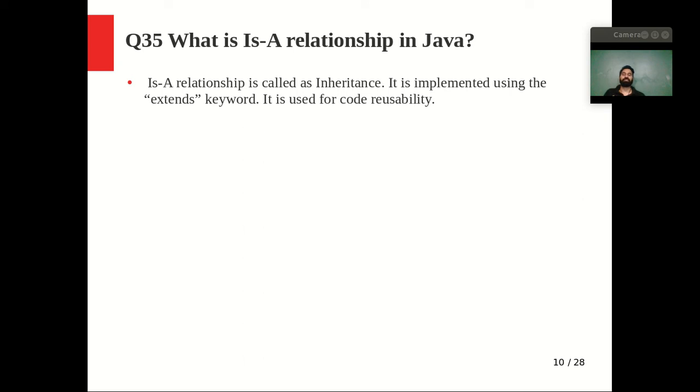So a child is a father. This makes an is-a relation, which is called inheritance. It is implemented using the extends keyword and is used for code reusability, right? So inheritance and the is-a relationship are the same thing. Do not get confused if they ask about the is-a relationship in Java; you have to say it is inheritance.